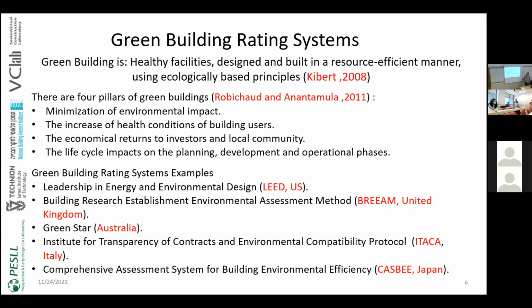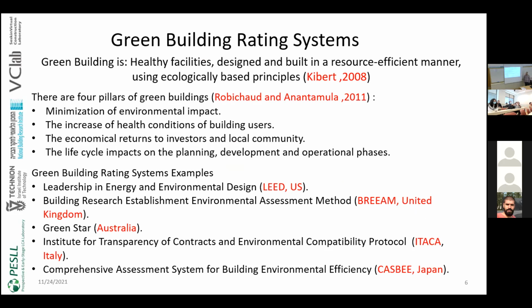Green building rating systems. The green building is healthy facilities designed and built using ecological first principles. There are 4 pillars for any green building rating system: minimization of the environmental impact, increase of the health conditions for building users, the economical returns to investors and local community, and the life cycle impact on the planning, development, and operational phases.